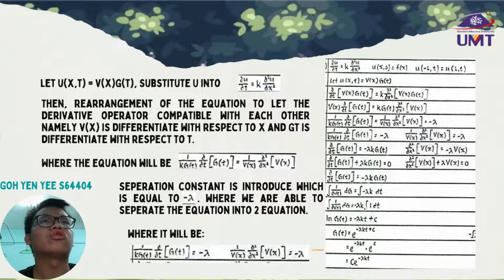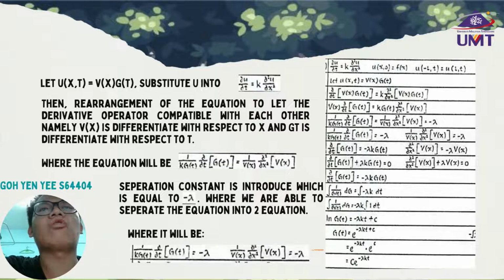Moreover, we introduce a separation constant, which is equal to negative lambda. With the separation constant introduced, we are able to separate the left-hand side and right-hand side into two equations. Then we rearrange both equations and make them equal to 0.